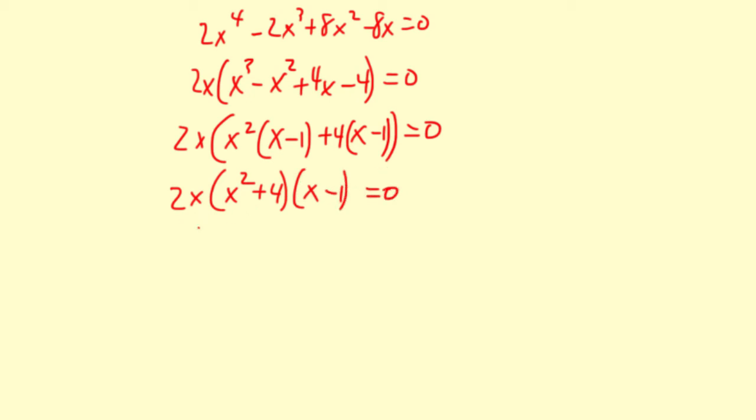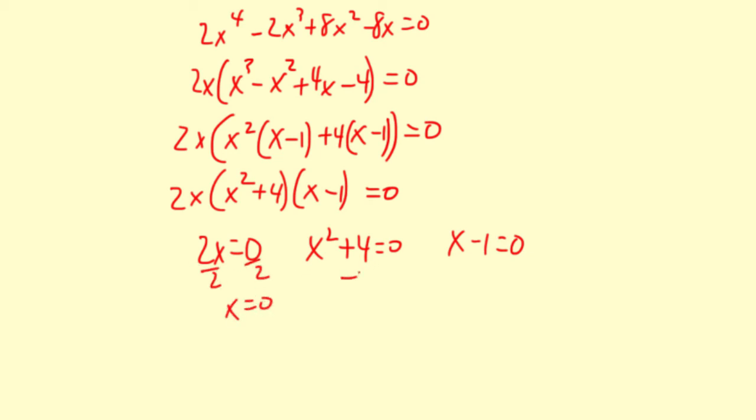So now I can use the zero product property and set each factor equal to 0. So 2x equals 0, x squared plus 4 equals 0, x minus 1 equals 0. Then divide by 2 to get x equals 0. Subtract 4 from both sides, x squared equals negative 4.